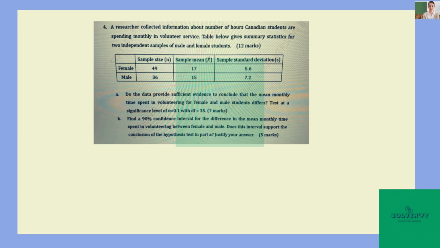Okay, so for the female, the mean is 17. The sample size is 49 and the degree of freedom is 35.